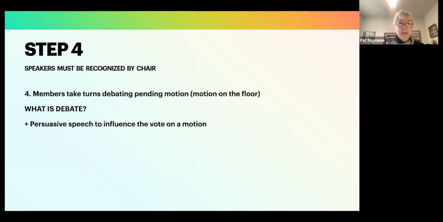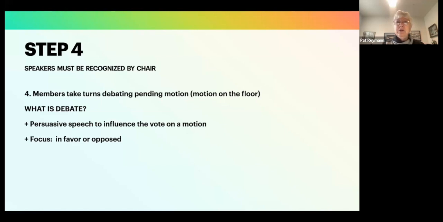Debate is supposed to be persuasive speech to influence the vote on a motion. In other words, when you are speaking in debate, your focus should be on why you are in favor of that motion or why you are opposed to that motion.